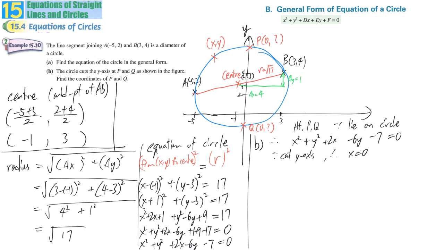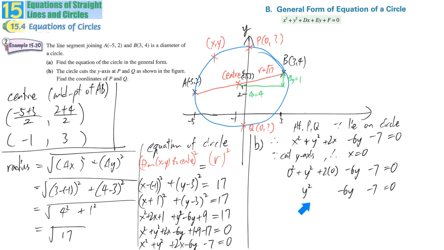So we update the information. 0 squared plus y squared plus 2 times 0 minus 6y minus 7 equal to 0. And then we just handle it. We get y squared minus 6y minus 7 equal to 0.